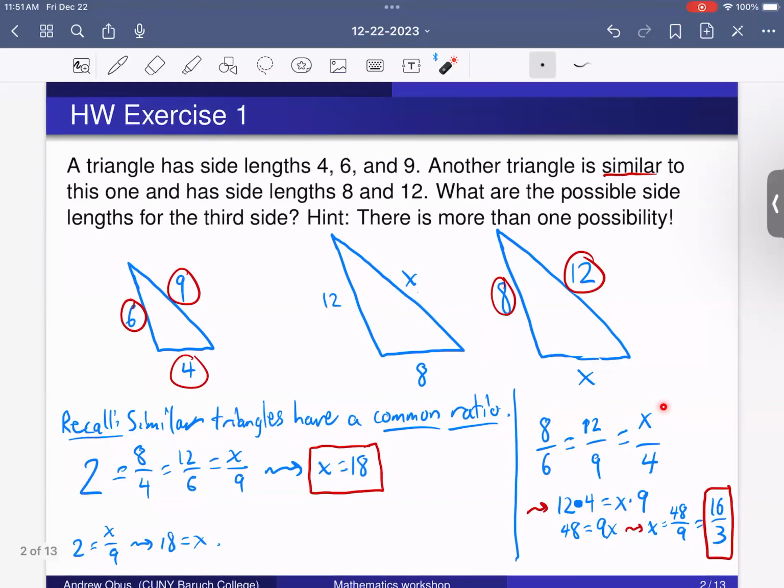It's the same as 12 over 9 and 8 over 6. You're just solving for x here to make everything equal. So that value 16 over 3 was just the value of x. Exactly. If you check by plugging in, you get that it's also 4 over 3, same as these other 2 ratios.